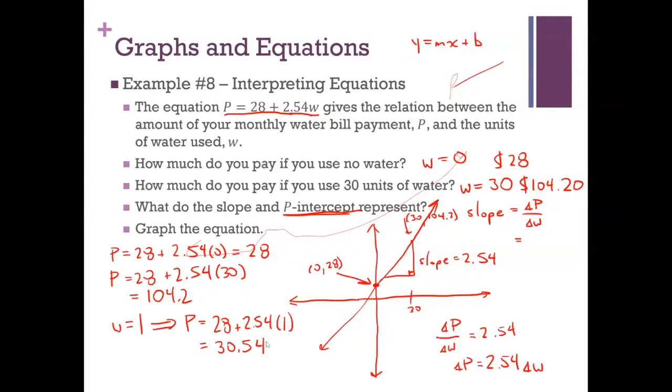So how much more do I pay for 1 unit than I pay for 0? What is 30.54 minus 28? That should be 2.54. So basically the slope gives you the rate of change. For every unit of water you use, you're going to pay $2.54 more.